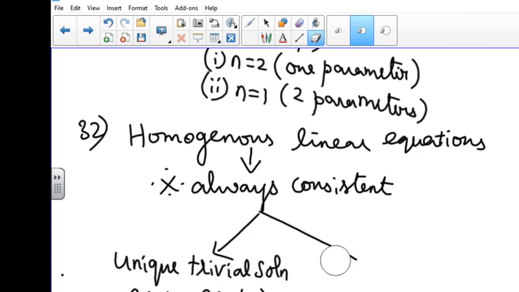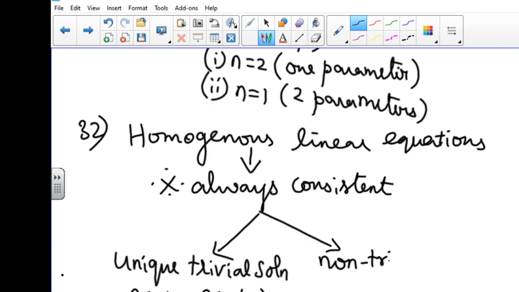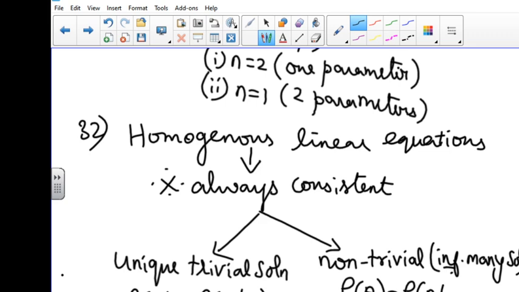For non-trivial, infinitely many solutions, rank of A is equal to rank of A bar B less than n. Here determinant of A will be equal to 0.